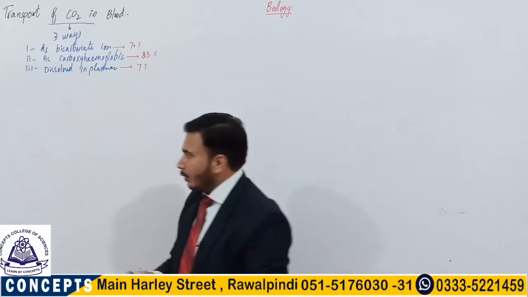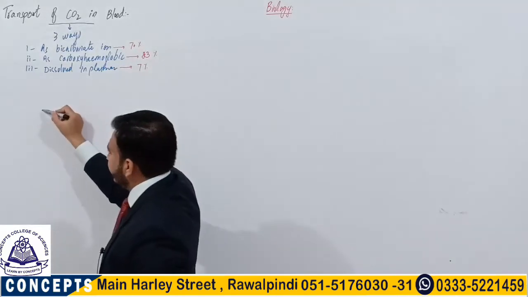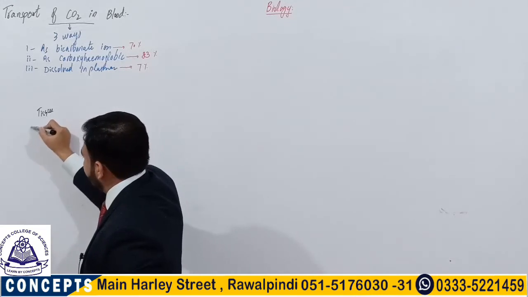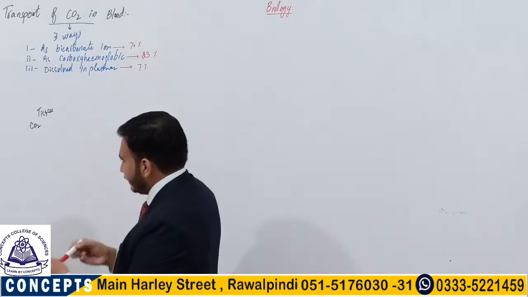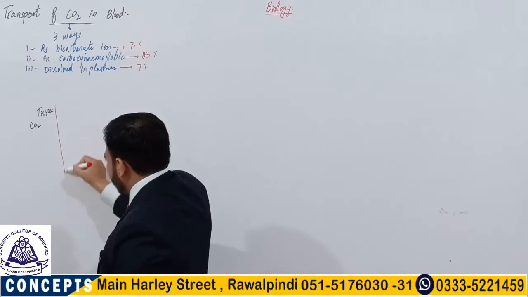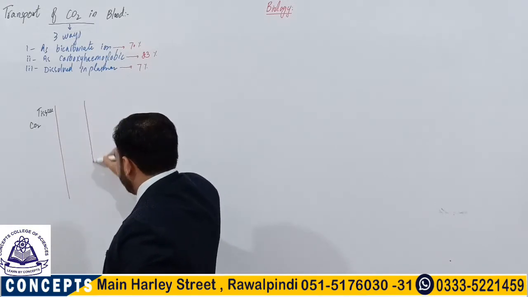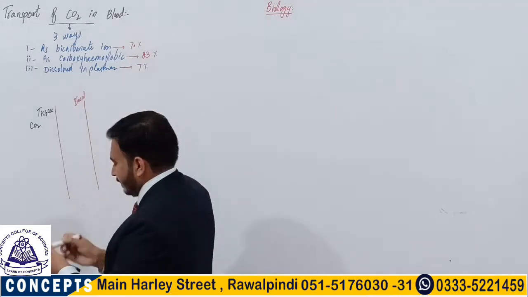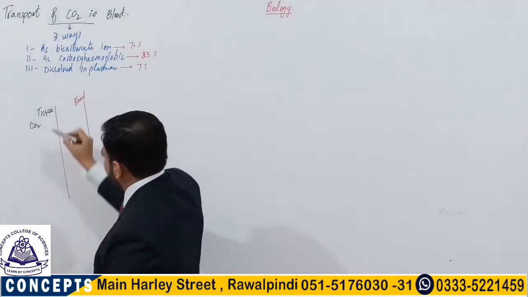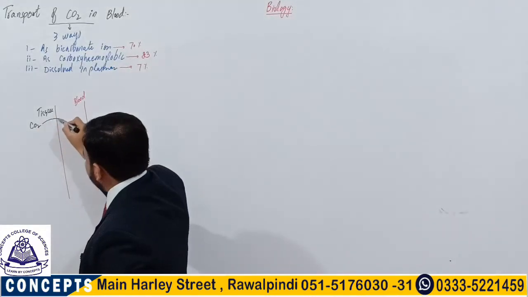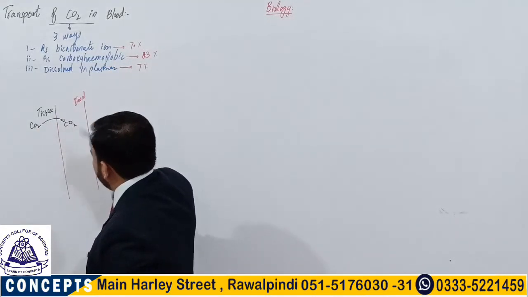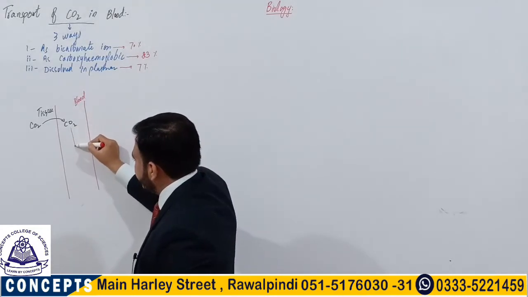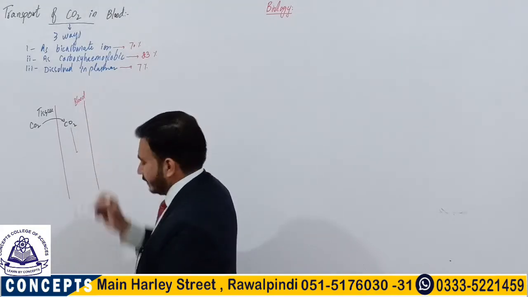So let's have an overview about transportation of carbon dioxide. At tissue level, carbon dioxide is produced, then it diffuses into the blood, and then it is transported in these forms.